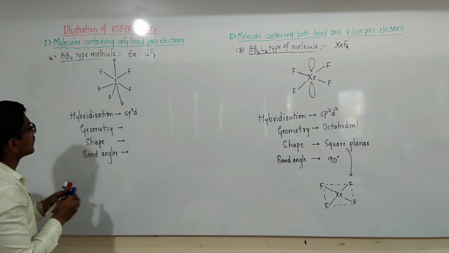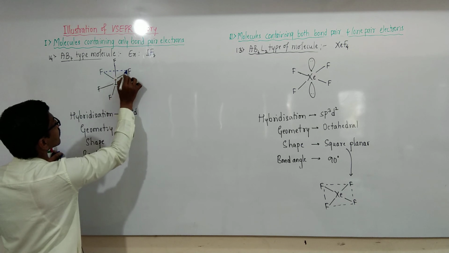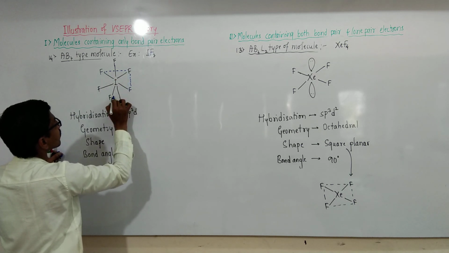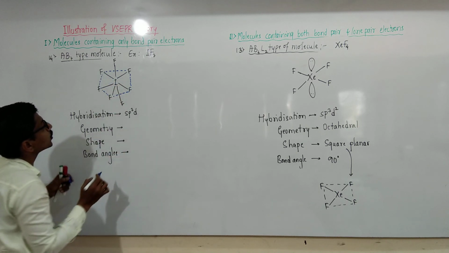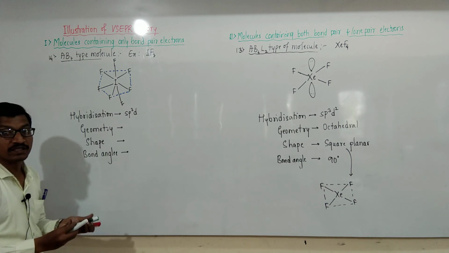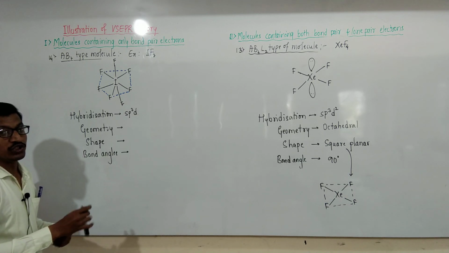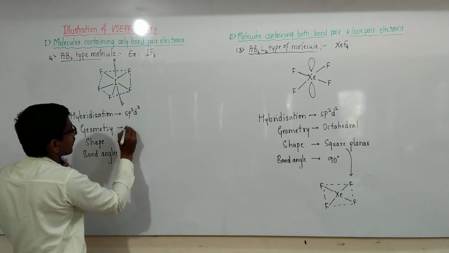This is the pentagonal plane, and to this pentagonal plane there are two fluorine atoms in the axial position above and below the pentagonal plane, and this is the sp3d3 hybridization.